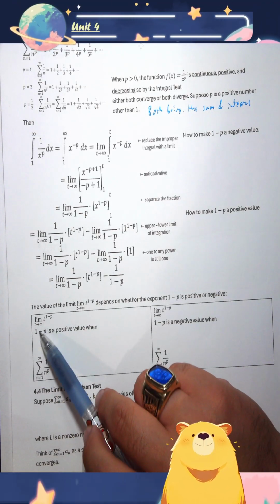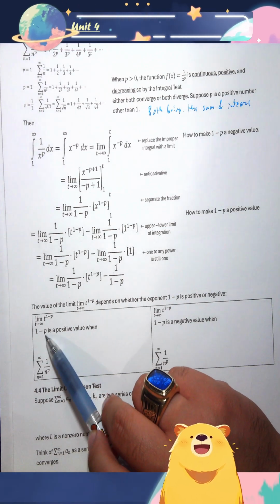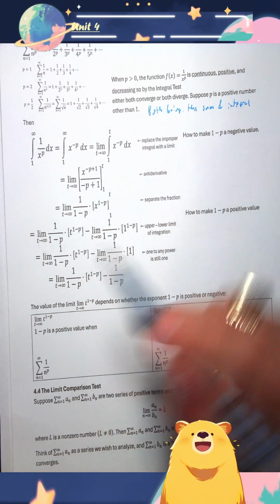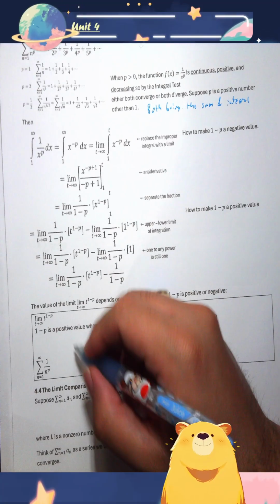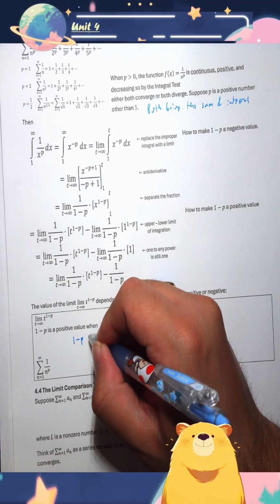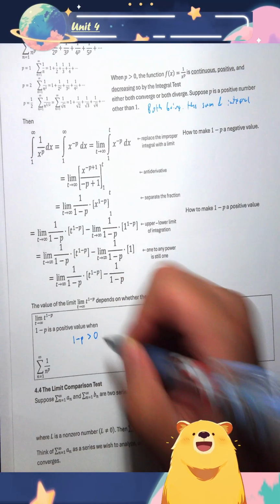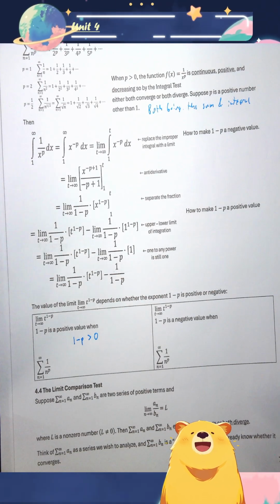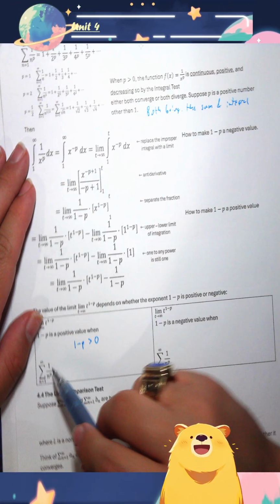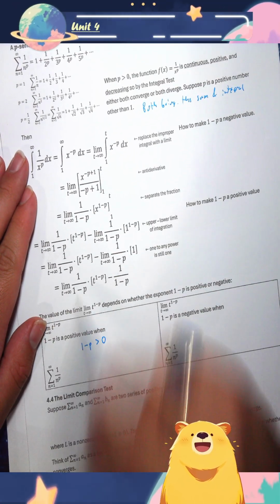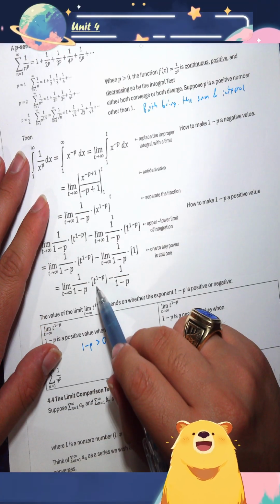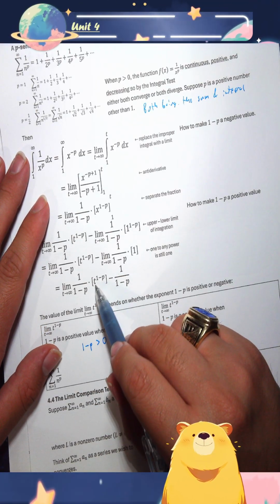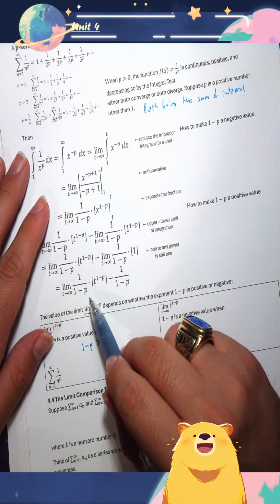So, looking at this limit, the exponent is positive when 1 minus p is greater than 0. In that case, this limit, when it's greater than 0, will just go towards infinity.